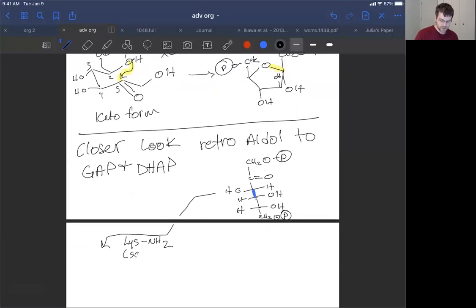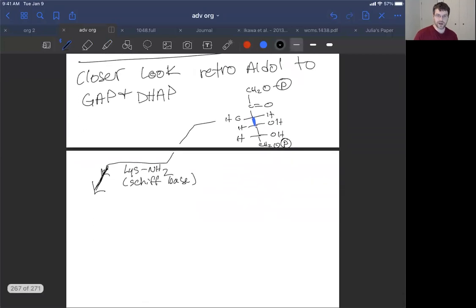What we do with these is we form Schiff bases or imines. The book goes through the imine mechanism, and remember, I wanted that to be as automatic for us as keto-enol tautomerization. So let's just let it be automatic, where we have CH2O phosphorus adducted to a carbon that is an imine.